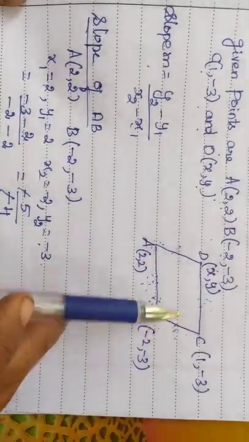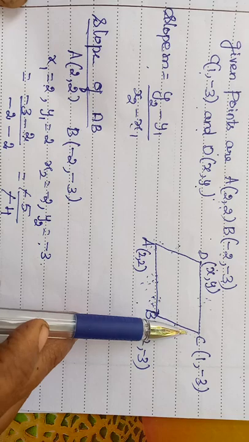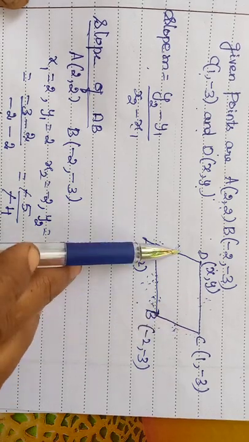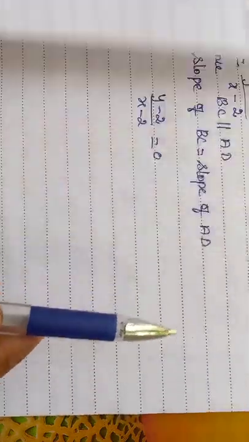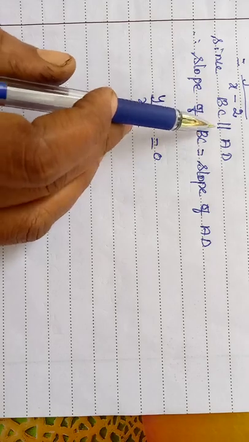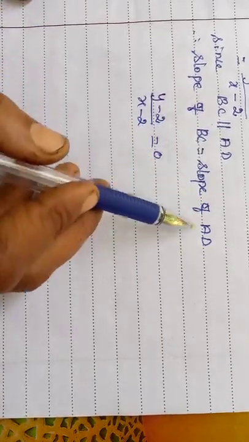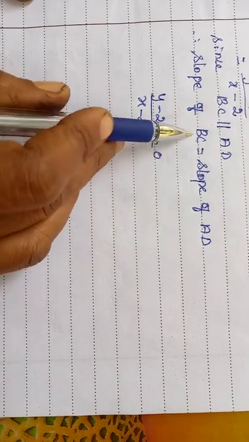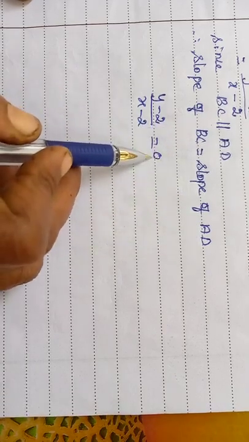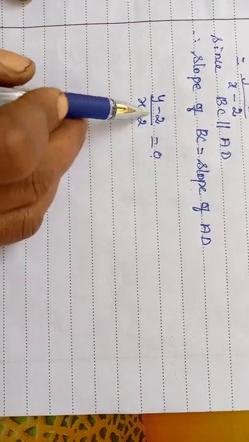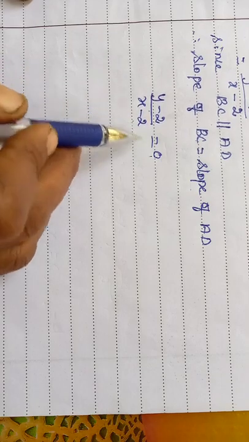Since BC parallel AD, slope of BC and slope of AD must be equal. So slope of BC equal to slope of AD. What is slope of BC? 0. Slope of AD is y minus 2 by x minus 2. Let's cross multiply.